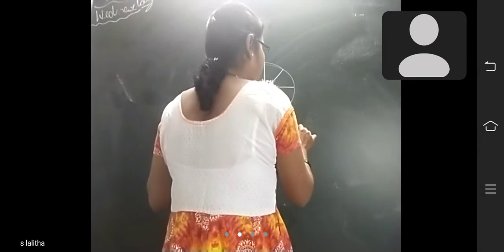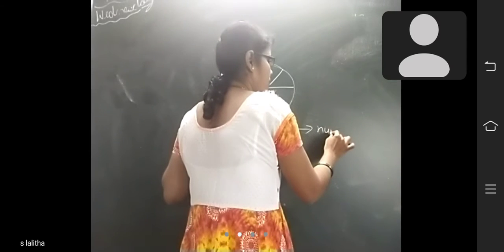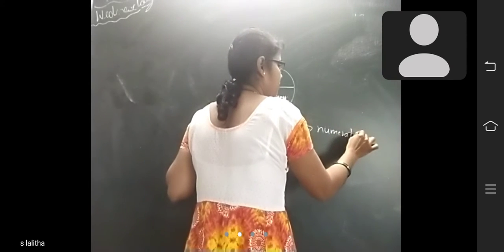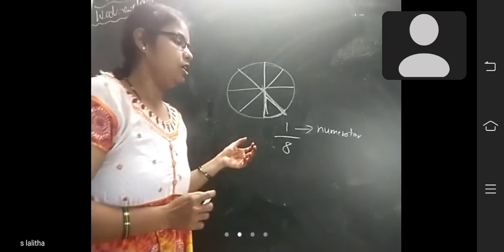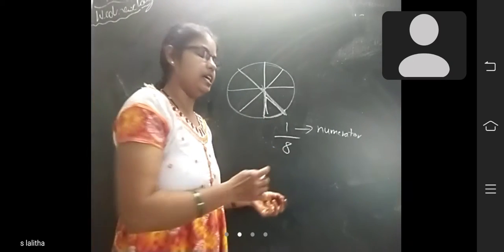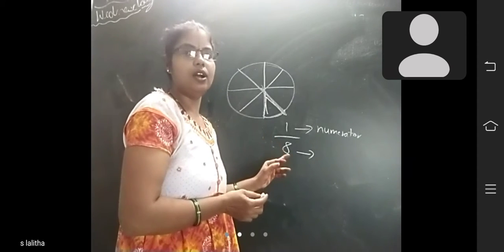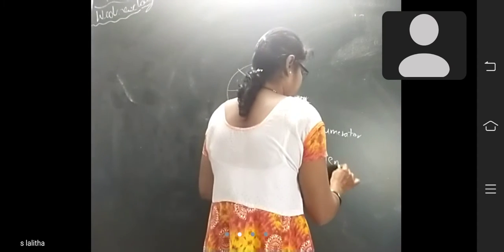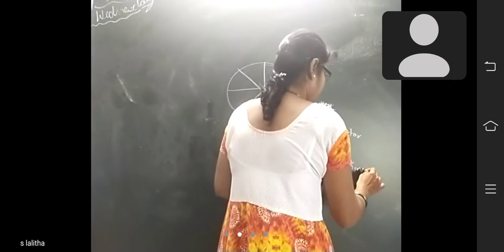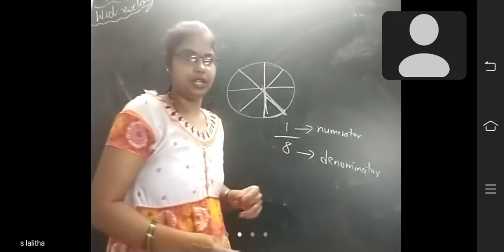And what do you call this one? Numerator. The number above the line is called the numerator and the number below the line is called the denominator.